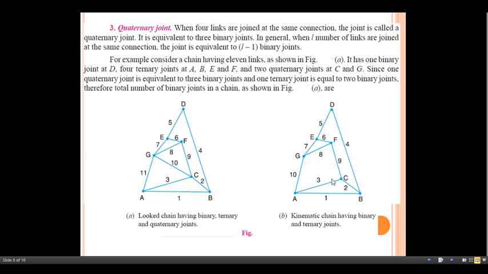Then count the binary joints. Binary joints means where two links are connected with each other. Here the binary joint with us is 1, so only a single binary joint is available.